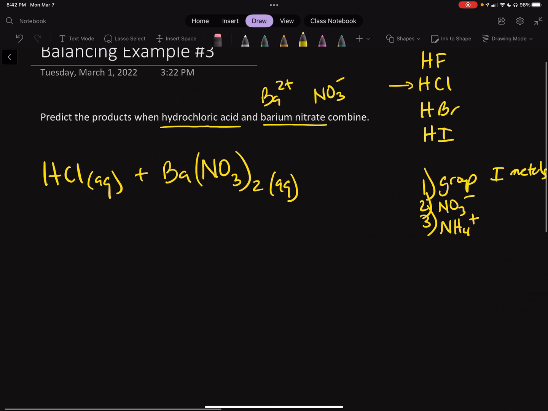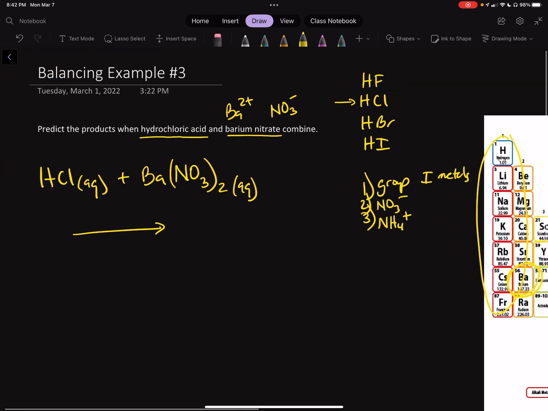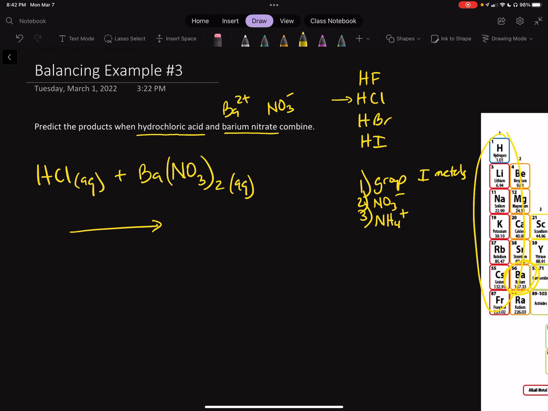And then I think I might put my reaction arrow down here because I'm already running out of space because I'm writing so large. But predicting the product. Usually when we've got this kind of format where you've got a compound over here and another compound over here, a double displacement, that method of thinking is good for predicting the products, which means pretty much having the ions swapping partners.